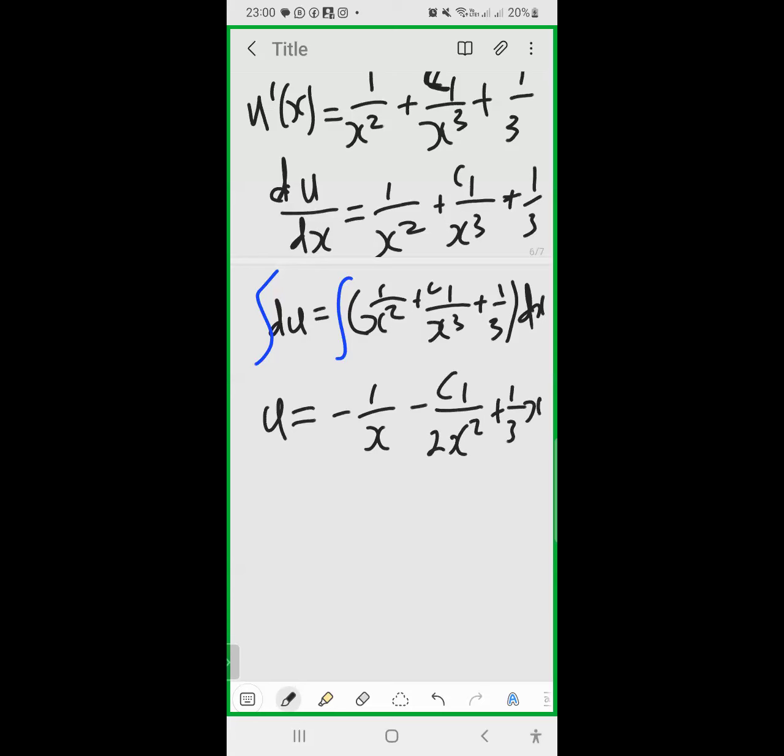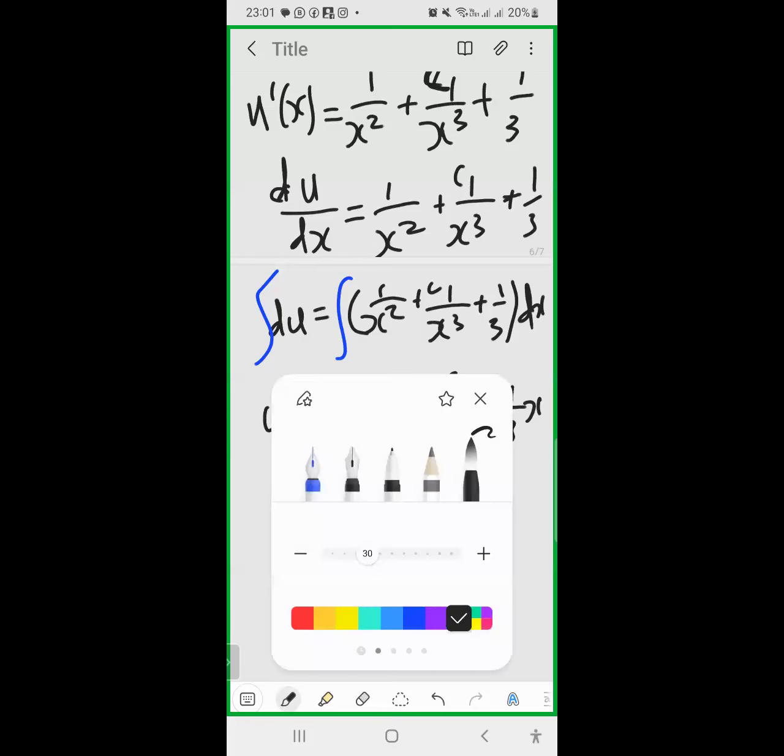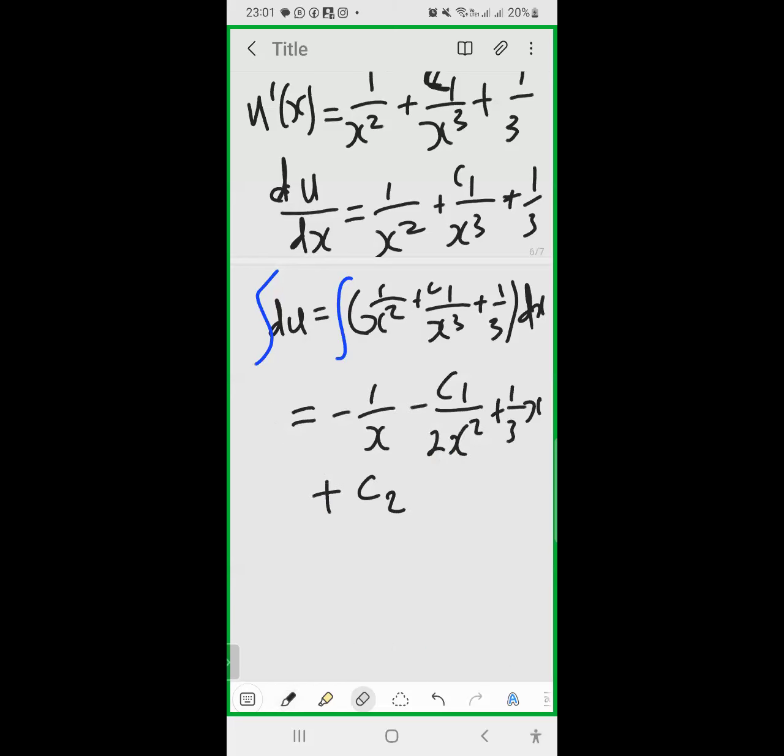Then from here, we also add the constant term. Therefore, this is our u. Let me say u of x, because this is a function in terms of x.